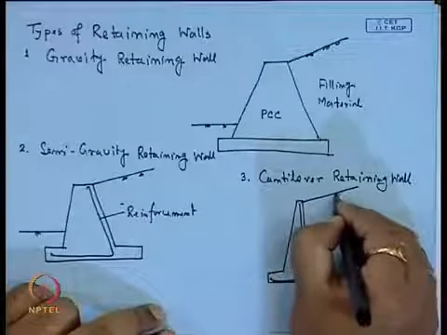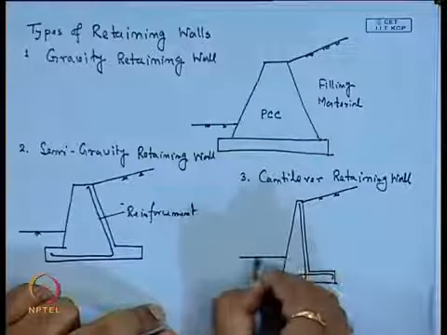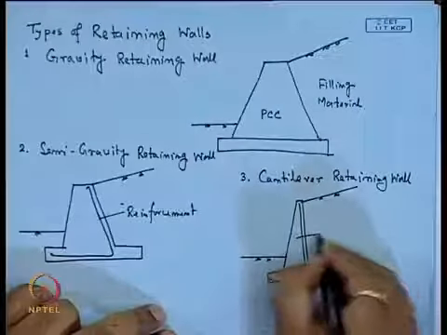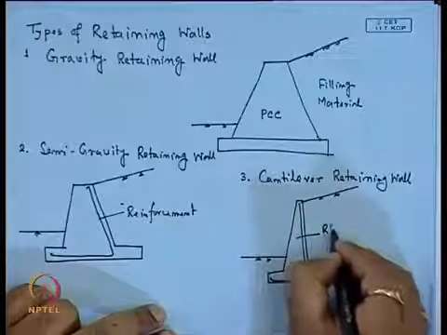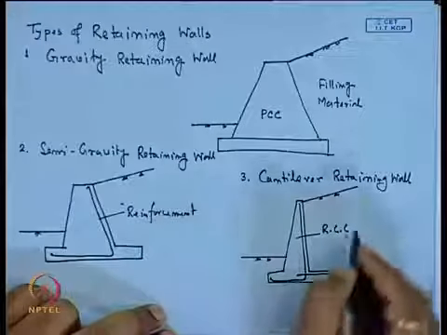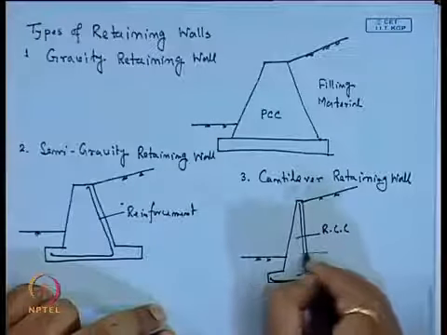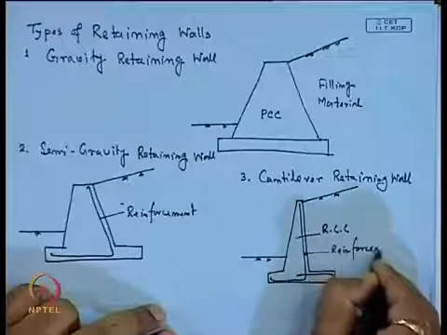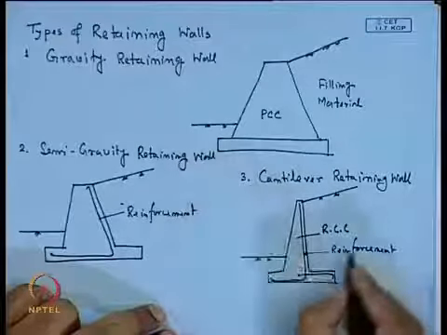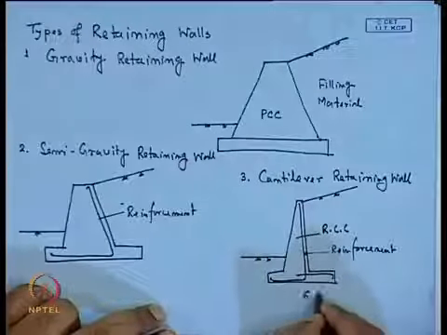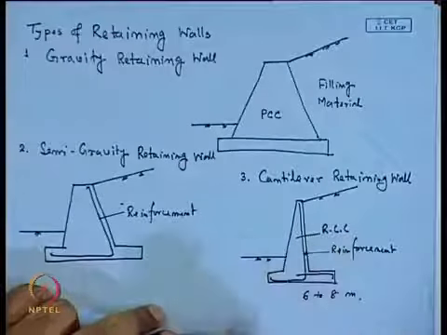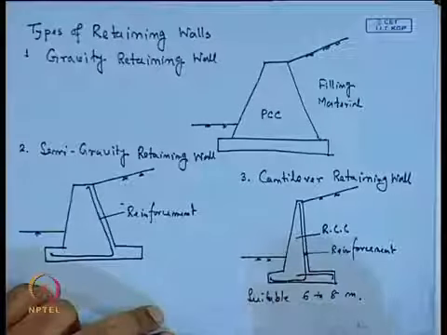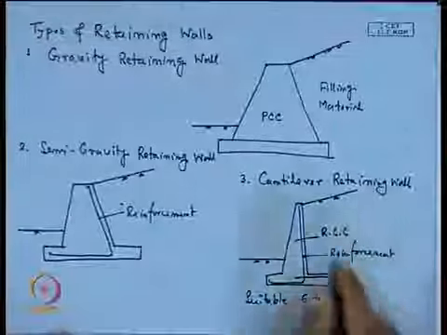This is the ground surface. Now, this type of retaining wall is made of RCC, reinforced cement concrete, and these are the reinforcements. It is suitable for a height of 6 to 8 meter.